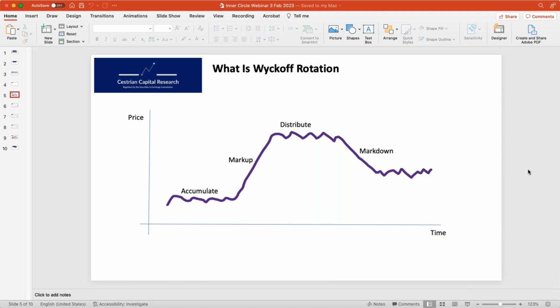And you would enter this accumulation phase. And accumulate means something very specific. It means buy very carefully over a long period of time, and you'll see institutions do this over weeks, months, years sometimes.